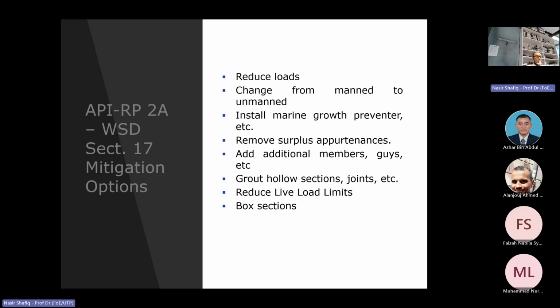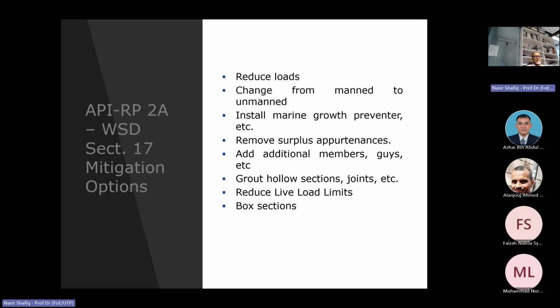If you are not doing it now, you can mitigate, so reduce load. You can say that instead of running at 150 bar, you can derate to 120 bar, 100 bar, right? By doing so, you are reducing the chances of an accident and so on. Change from manned to unmanned, right?